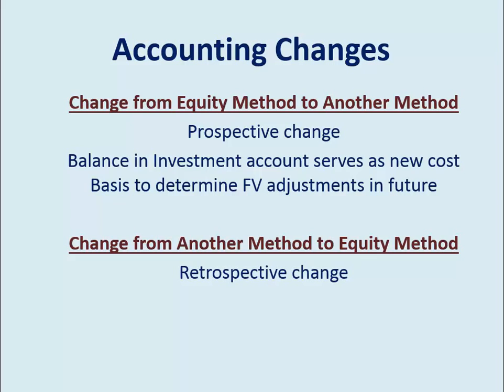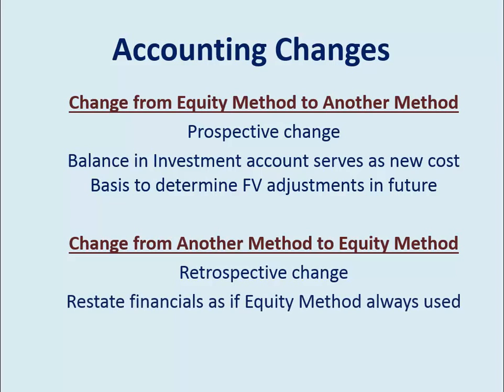Now, this terminology, prospective and retrospective, is more at the intermediate level. So if you are viewing this at the principles level, what this means is a retrospective change is I have to go back and restate my financials as if that method was used all along. Kind of like the same thing you talked about with a change of inventory costing methods. Let's say you go from LIFO to FIFO. You've got to restate your financials.